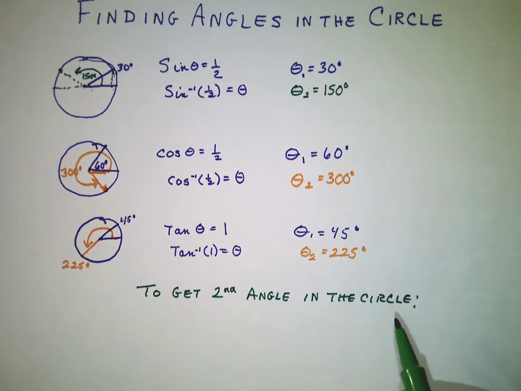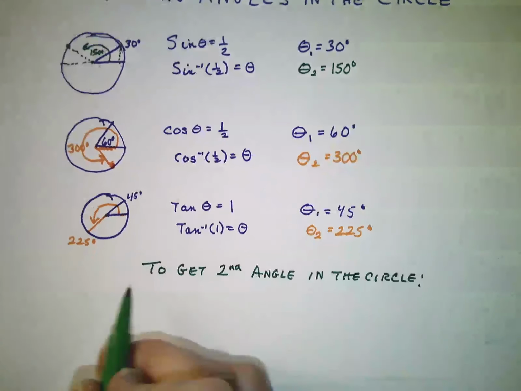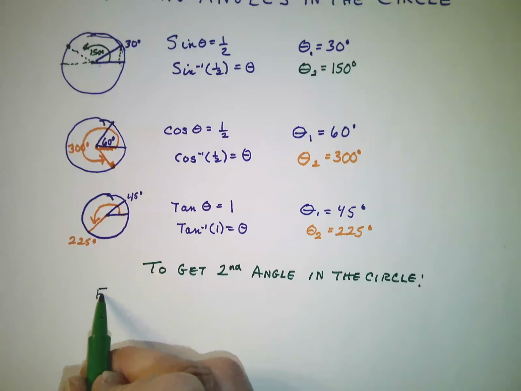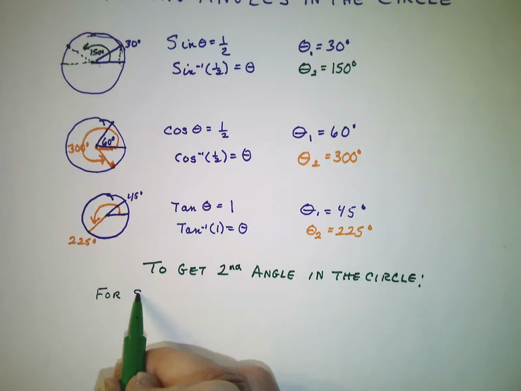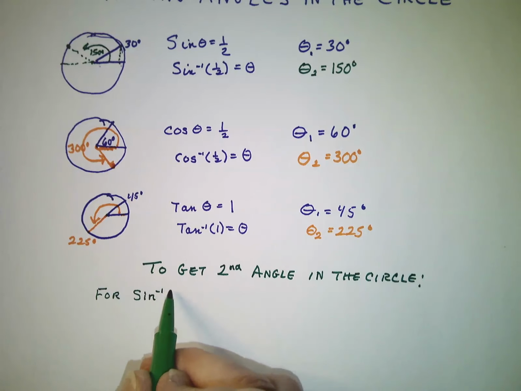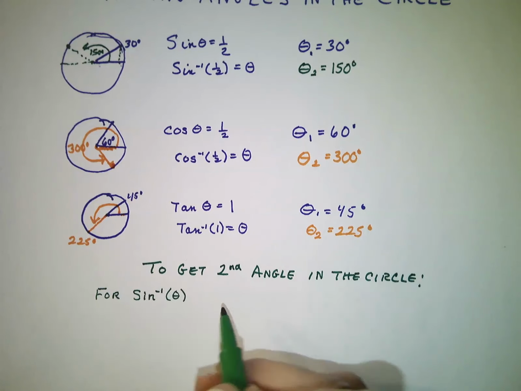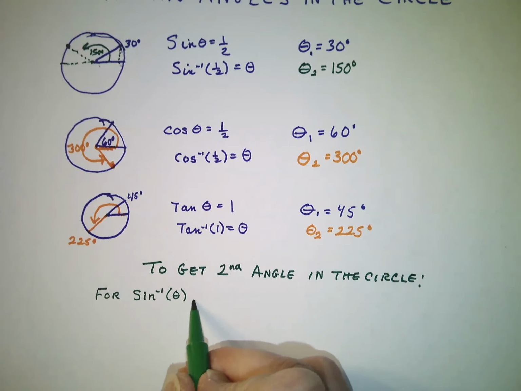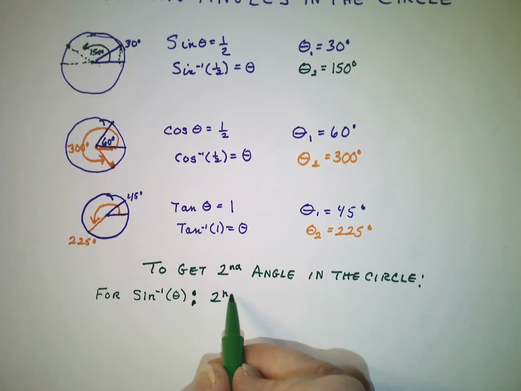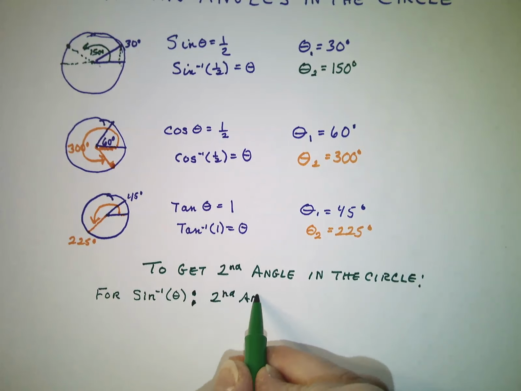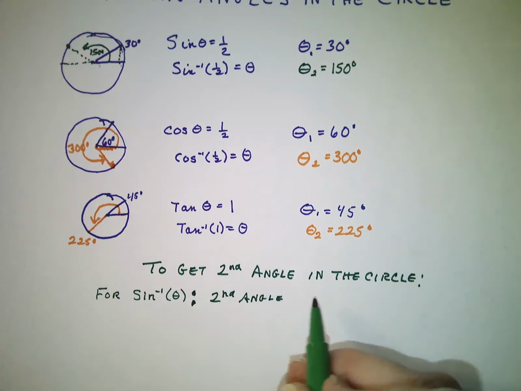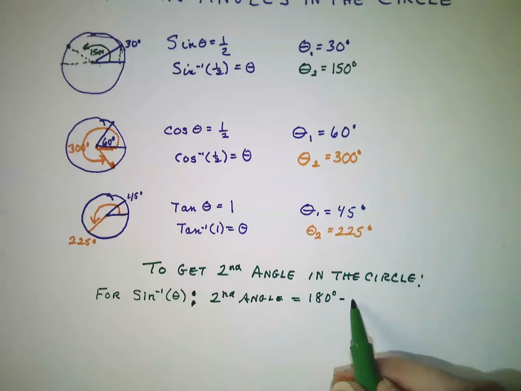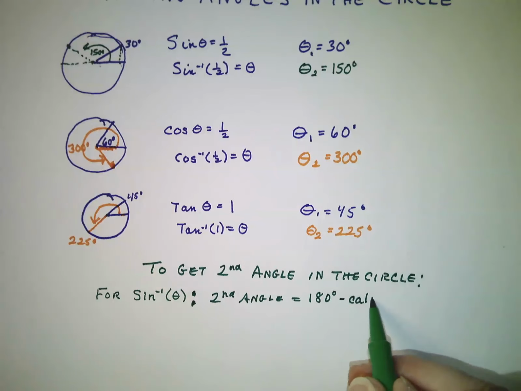First of all, we'll have to get the first angle in the circle. And there's a different rule for each one of these. For inverse sine, the second angle is going to equal 180 degrees minus whatever the calculator said.